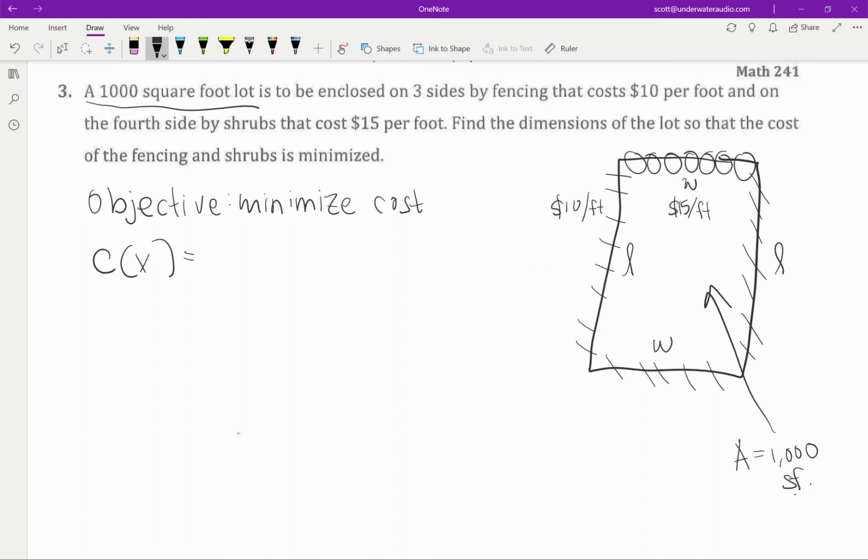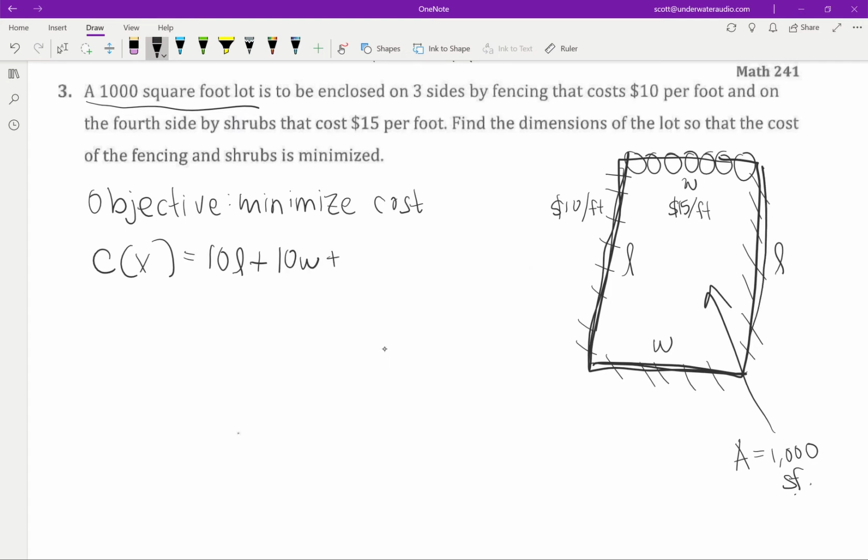So to figure out the cost, that would be 10 times L. I'm not going to worry about minimum or max, I'm just going to find an equation. I know that this one side here is $10 a foot, and there are L feet, so that would be 10L. And then this side here is also fencing, so that would be 10W.